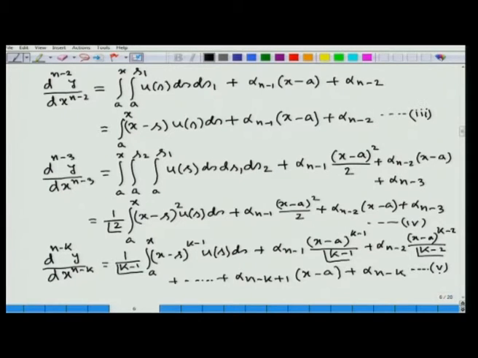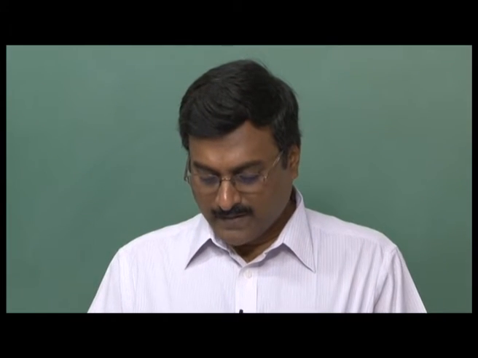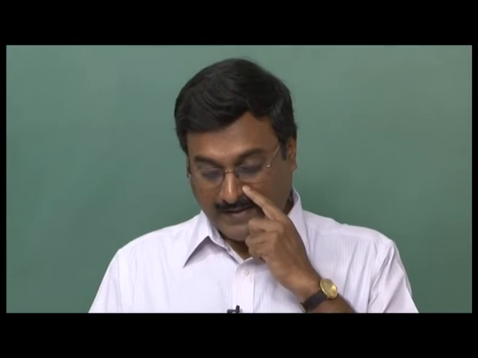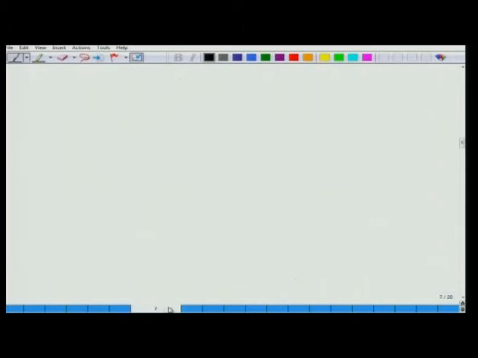So, proceeding in this way, we can arrive at the second order, first order as well as only y from here by taking k equal to n minus 2, k equal to n minus 1 and finally k equal to n. But here I am writing the result only for dy dx and y only.